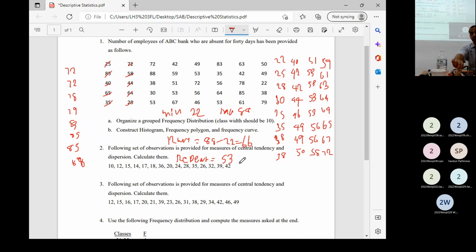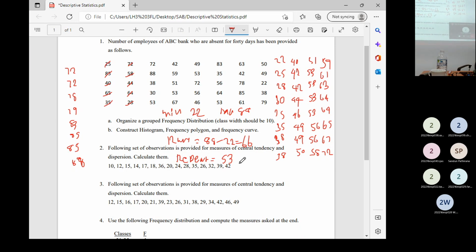Right, next we want to practice frequency distribution. Frequency distribution means observations with frequency provided, or classes with frequency provided.